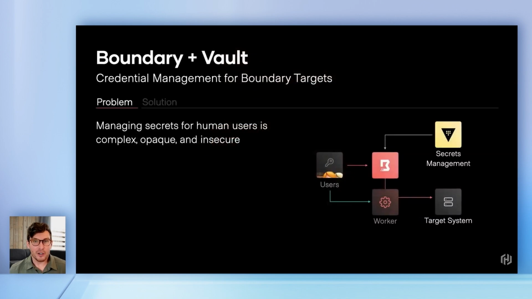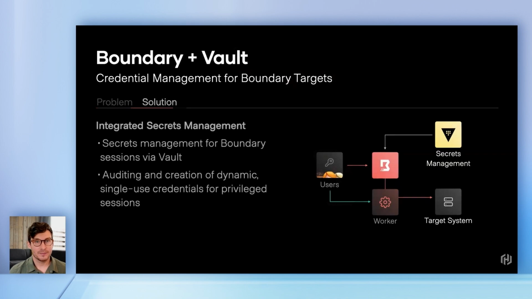Anyone who has ever struggled to locate an SSH key sent months ago in an email or via Slack will understand that managing secrets for human use can be frustrating, difficult, and insecure. Integrating Boundary with Vault solves some of the biggest challenges in the Zero Trust ecosystem, where managing secrets can quickly become difficult in highly regulated environments or at scale.